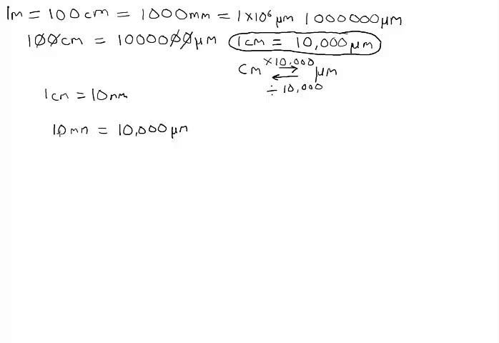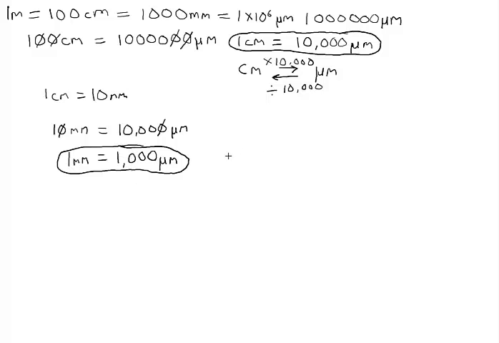So again, you can apply the same thing. Cross that off and cross that off. And that will give you 1 millimeter is equal to 1,000 micrometers, and again, if you learn this, so now we know that 1 millimeter is equal to 1,000 micrometers.